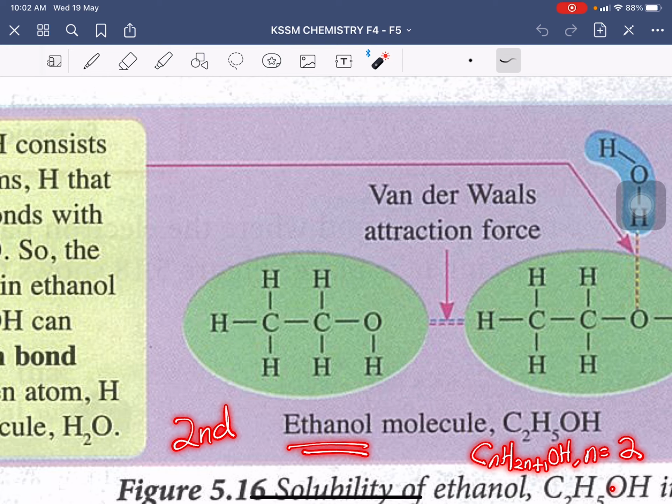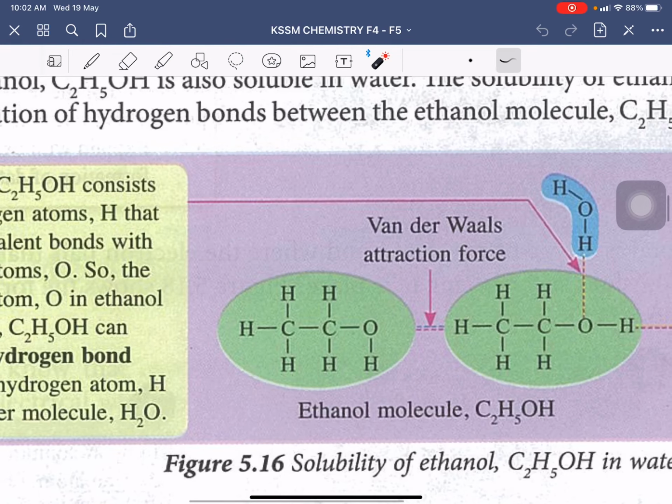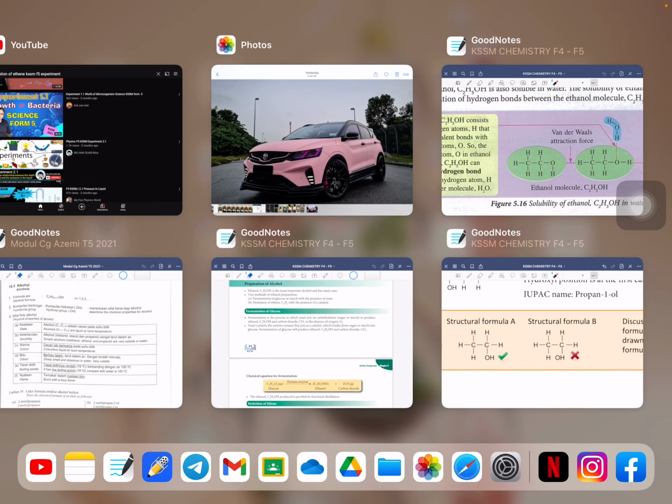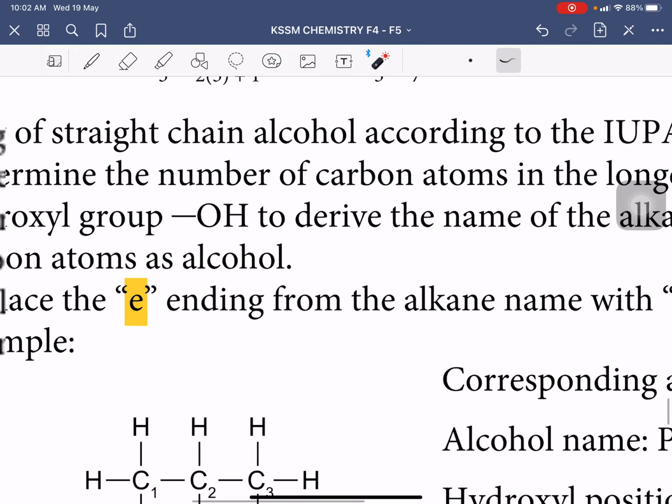So it is C2H5OH. When you draw the C first, and then followed by H, 1, 2, 3, 4, 5 H, and followed by OH. OH is drawn this way, or like what you see in your textbook just now, in this way, or you can also draw it in this way.